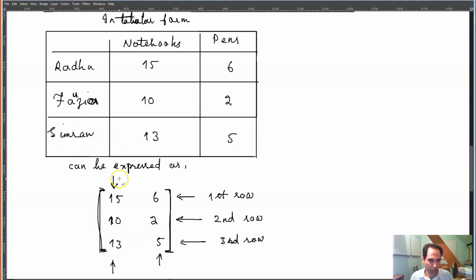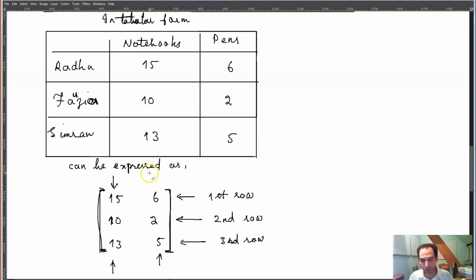Or you could say that, for example, the first column refers to all of the notebooks possessed by Radha, Fazia and Simran, and the second column refers to all of the pens possessed by Radha, Fazia, and Simran again. So that's basically one way of writing down this information.